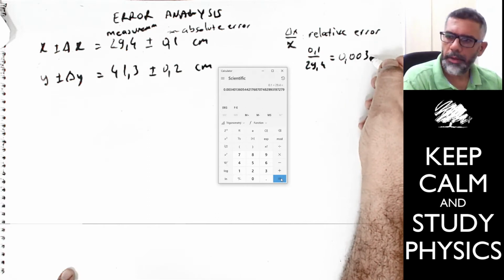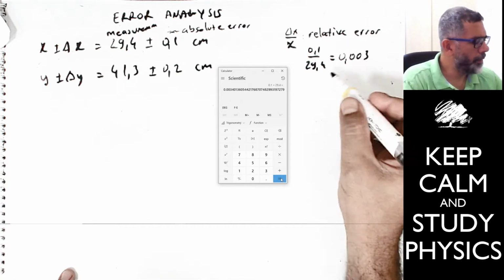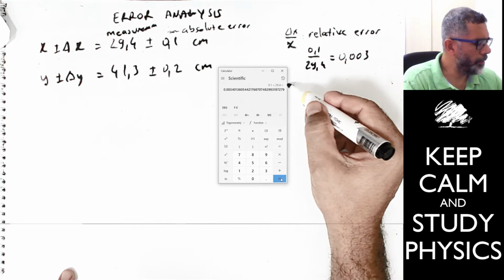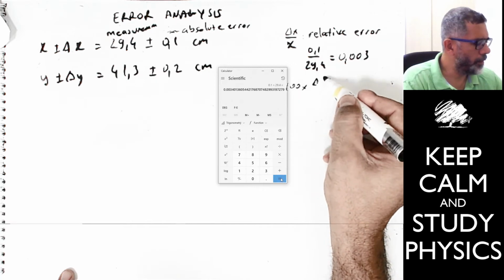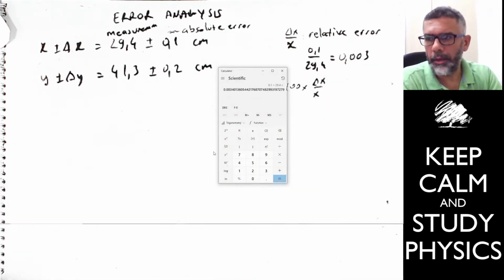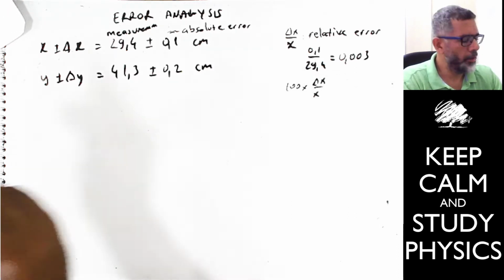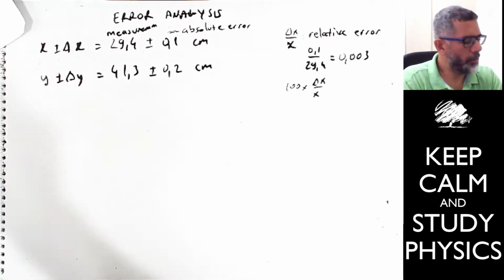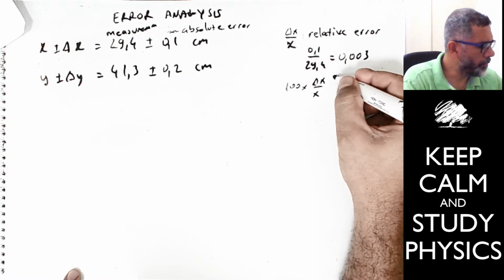So this is the relative error, and if you multiply the relative error delta x divided by x by 100, you get the percentage error. Let's define this as percentage error.